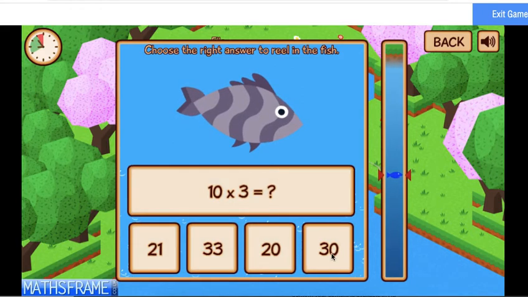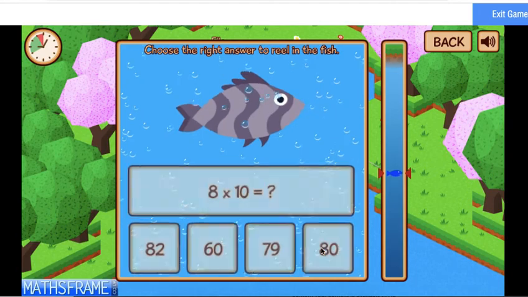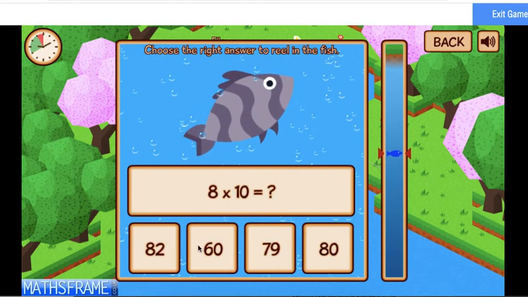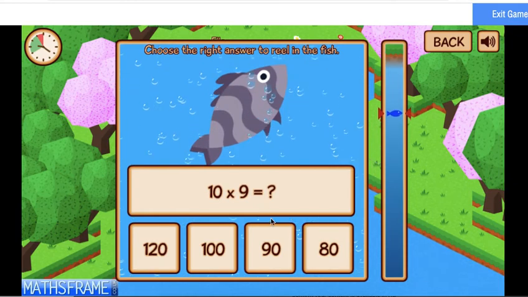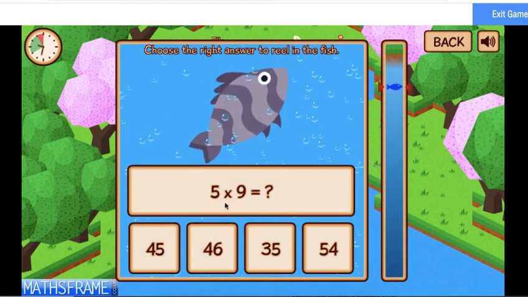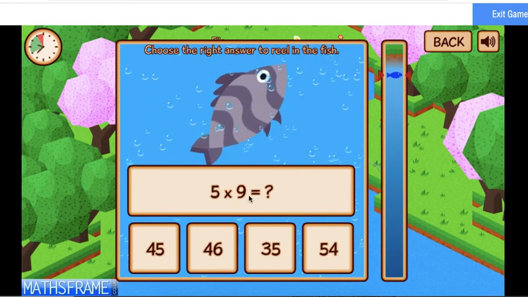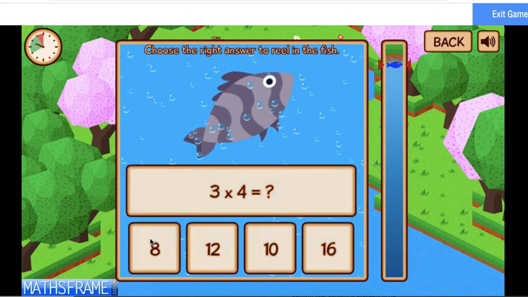3 times 10 is 30. 8 times 10 is 80. 10 times 9 is 90. 5 times 9 is, look at your fingers, 45.